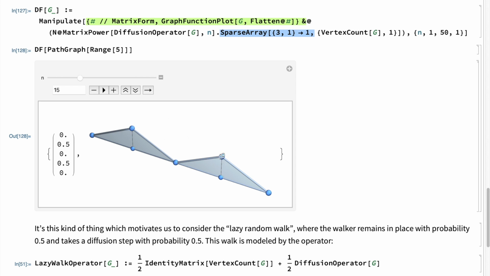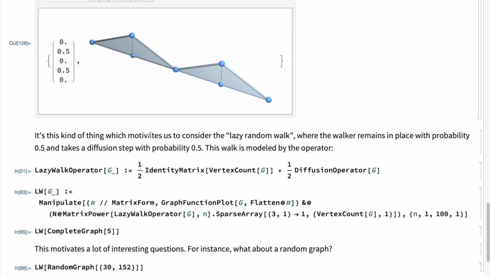If you're at 2 or 4, you have to move to an odd-numbered vertex 1, 3, or 5. It's this kind of thing which motivates you to consider what's called a lazy random walk, where you either stay put with probability a half or you take a diffusion step.